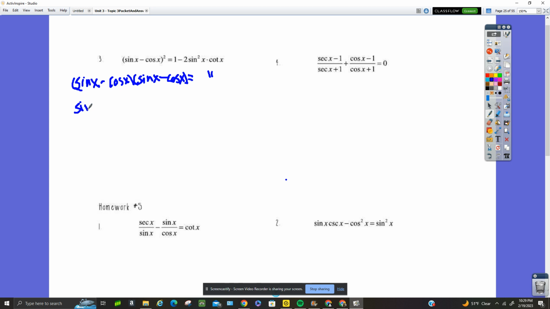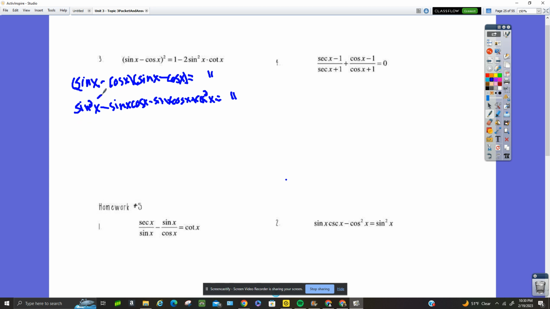sine squared minus sine x cosine x minus sine x cosine x plus cosine squared equals the right side there.